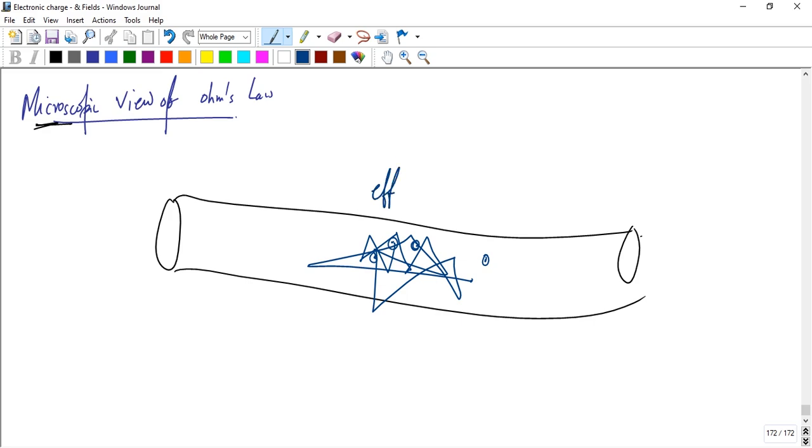The effective speed, V effective, is approximately 1.6 into 10 to the power 6 meter per second in copper material. That's very high. Now you apply an electric field.